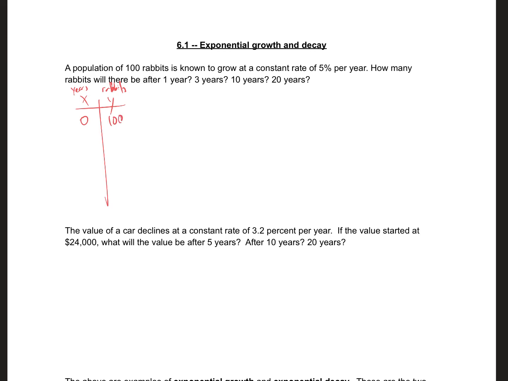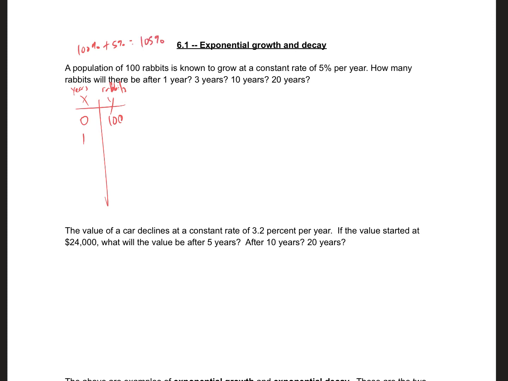Now, after 1 year, the number of rabbits increases by 5%. Now there's 2 ways of thinking about this. You can multiply 100 by 0.05 and then add that to 100, but there's a little bit of an easier way of doing it. If I have 100% and I'm increasing it by 5%, that means the amount I'm going to have left is going to be 105%, right?